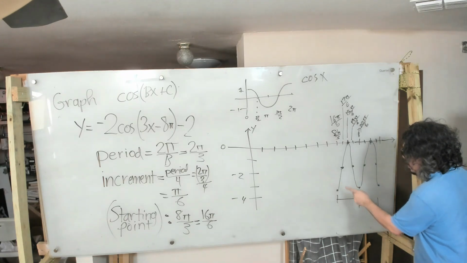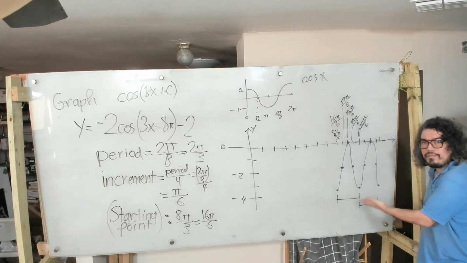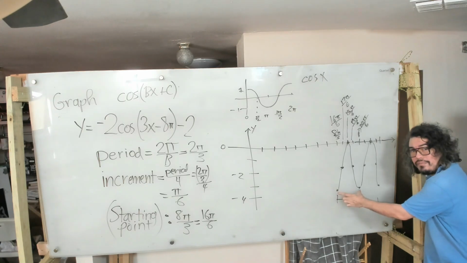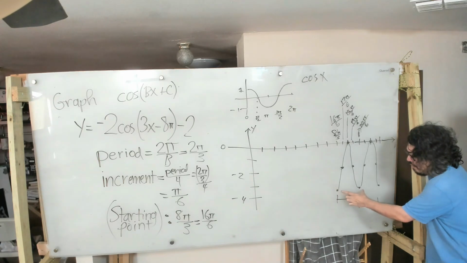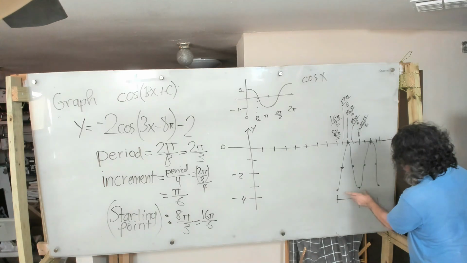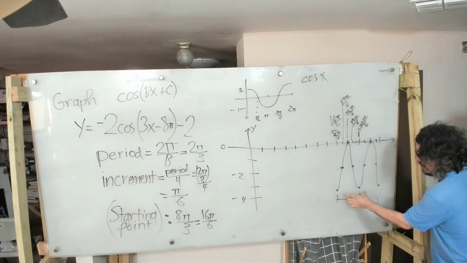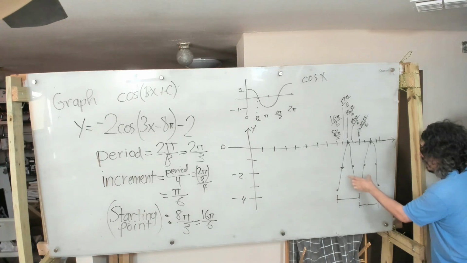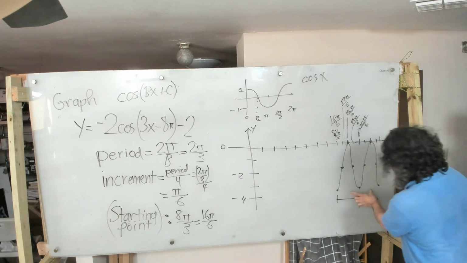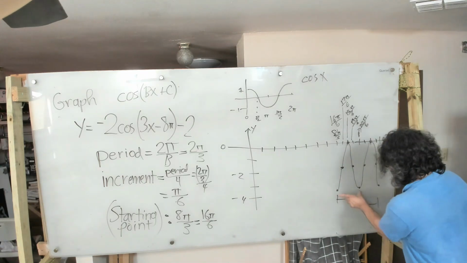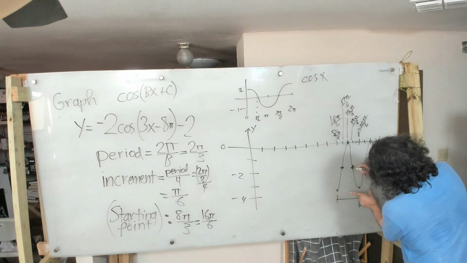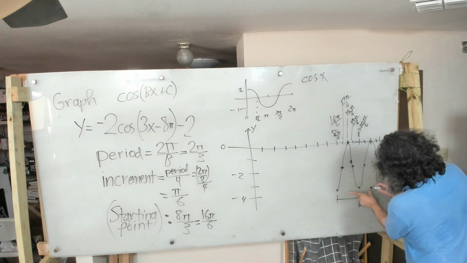So because this graph repeats forever, this is of course the period we're interested in because it's easy to graph. But if I were to move it any which way like this, I will arrive at a piece of the graph that repeats. As long as this distance is the same and I slide it this way, I'll get a piece of the graph that repeats. Like let's say here, let me see here. So let's say I take this distance and I move it here. Then I get this piece.